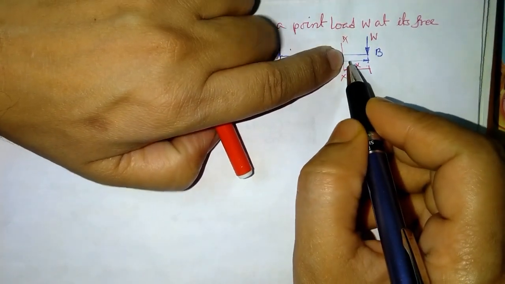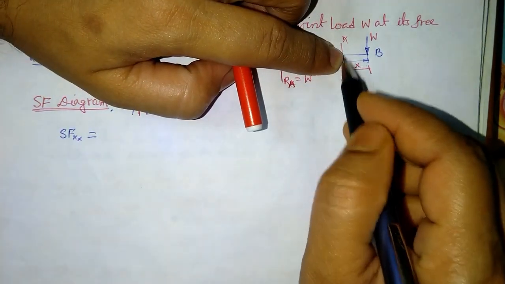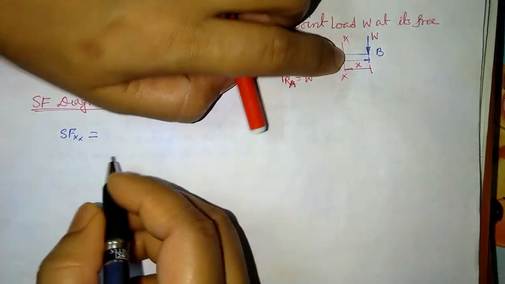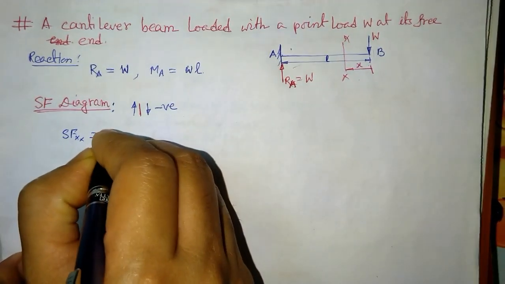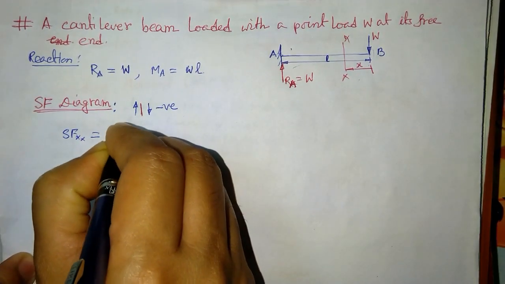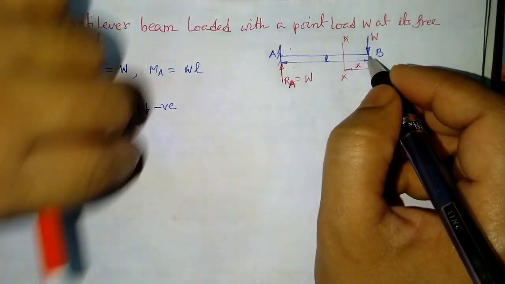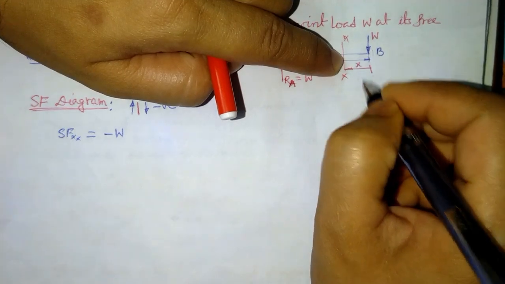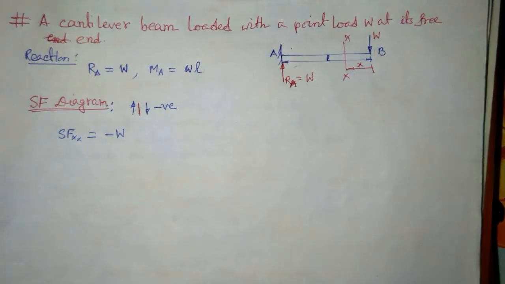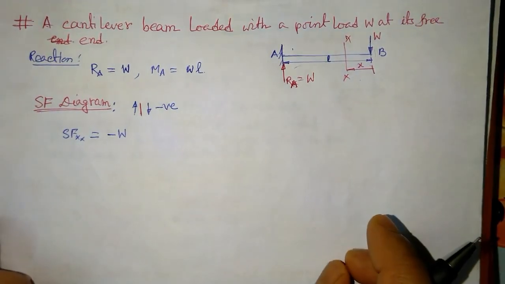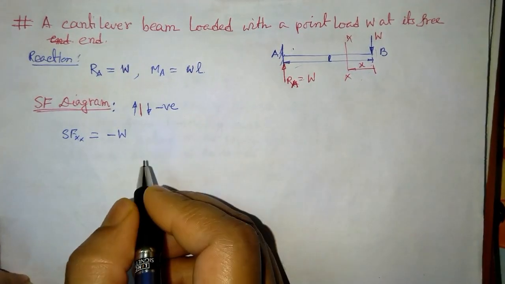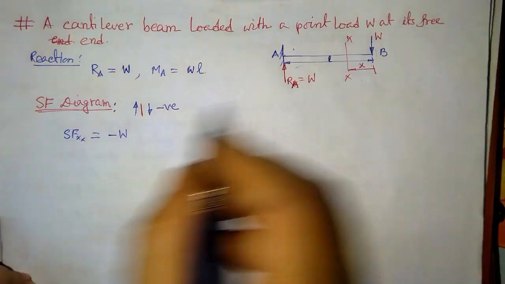What force is acting on this section, what transverse load? Only W. So we can write this as W, and the sign will be minus W, because the force on the right side is going downward, so automatically we take it as negative.